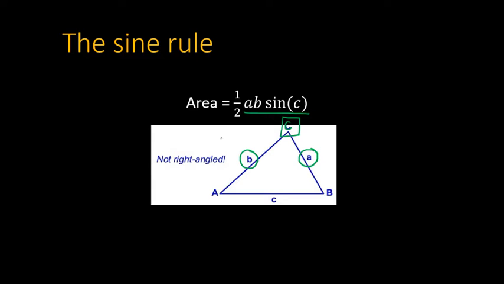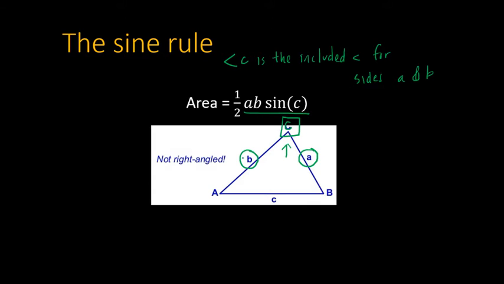Well, angle C is an included angle for sides A and B, right? So the point where A and B come together forms angle C.